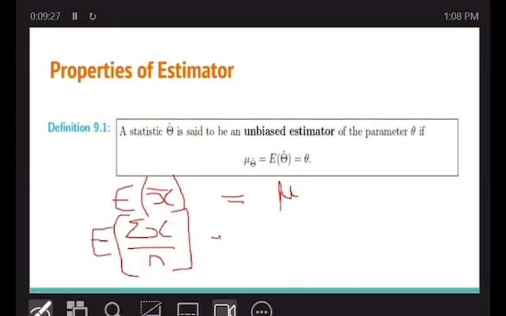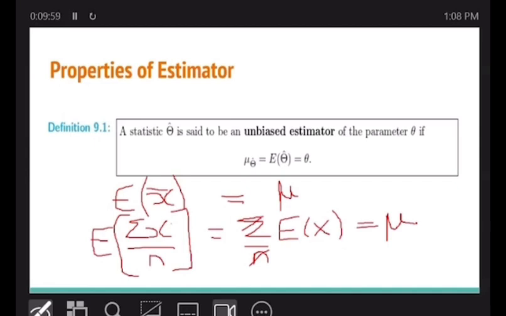So I'm going to have summation over N of the expectation of X. When summation is on its own, it's going to turn to N, so N is going to cancel N. What is the expected value of X from statistical literature? Mu. That's how we prove that sample mean is an unbiased estimator for population mean.